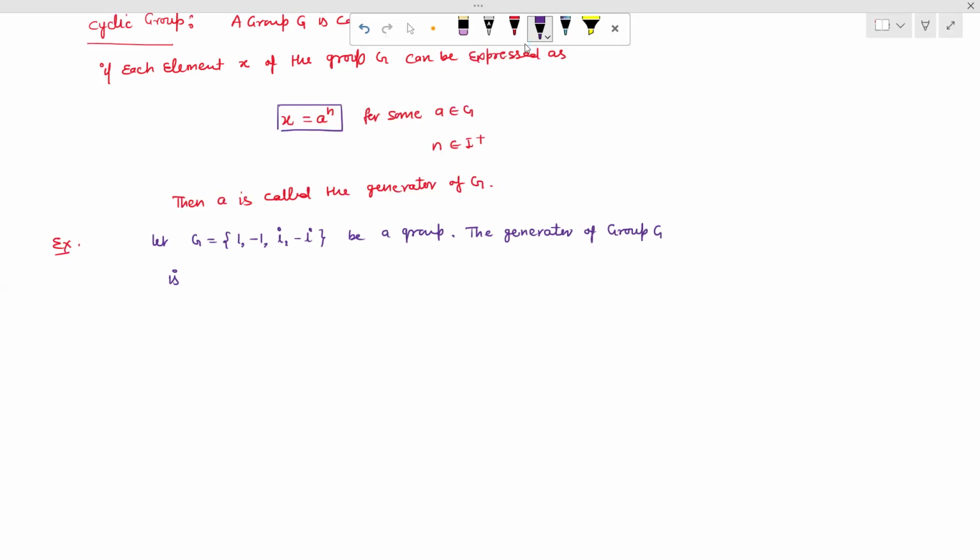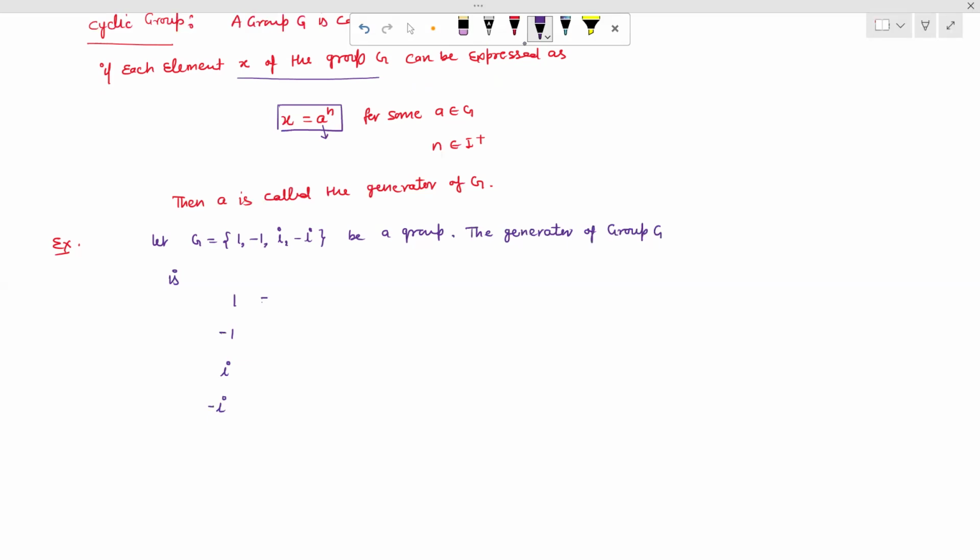So we obtain each element of the group G, then this a is called the generator of G. Suppose the elements of group G are: first 1, second minus 1, third iota, and fourth minus iota.